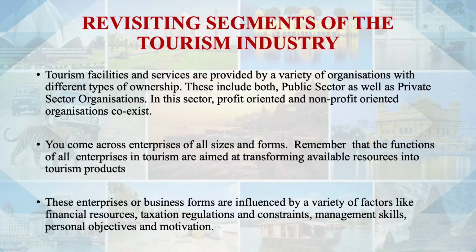So what I'm trying to give you as an example is that all these entities, all these businesses, use the resources available. Those resources could be man-made or natural. Now, we're talking about various forms of businesses, corporate forms of businesses in tourism. These are guided or influenced by various factors.